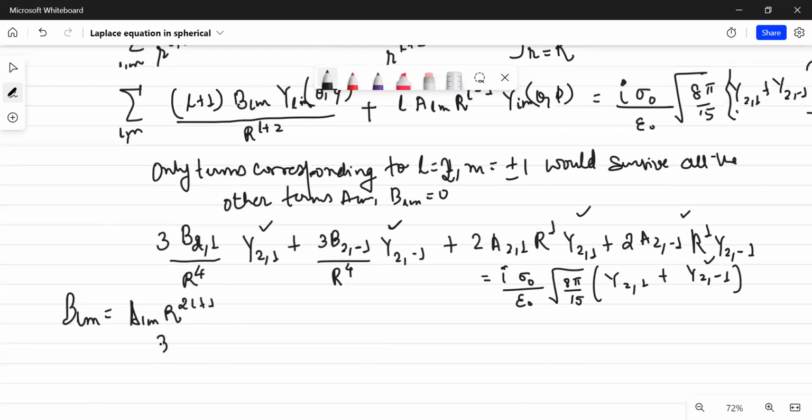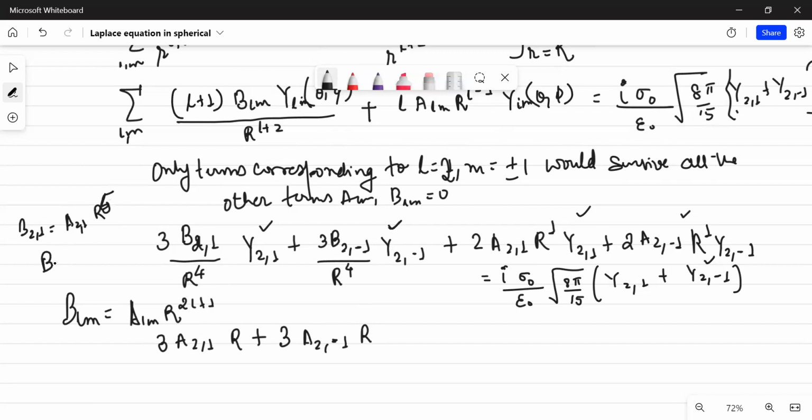So what I'll write is 3 times B2, I will write A 2 1, and there would be R to the power 5 here. Again, I will write A2 minus 1, and again you will have R to the power 5 written here. Understand my point. What I want to say is that B21 will be A21 times R to the power 5.